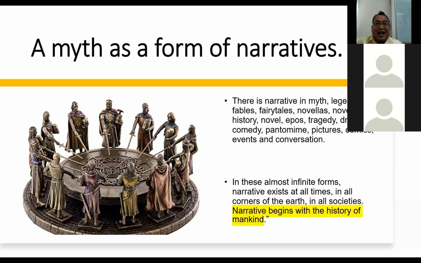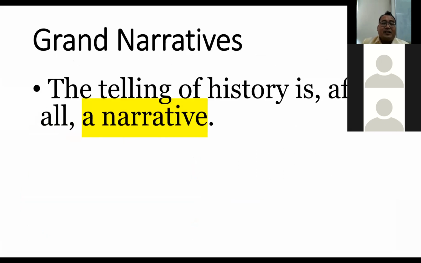In Thailand, for example, well, this can be a bit dangerous to say anything about Thai politics, but we can think of our constitution as being a narrative. Okay, and I want to stop here. The telling of history is a narrative.